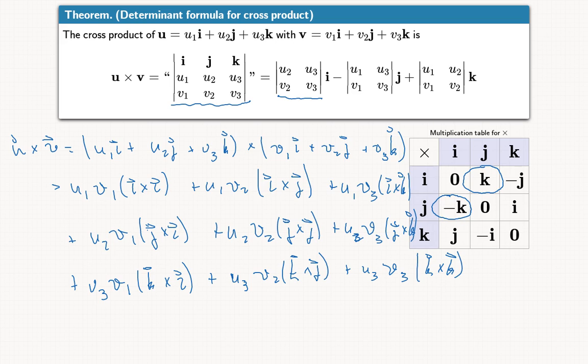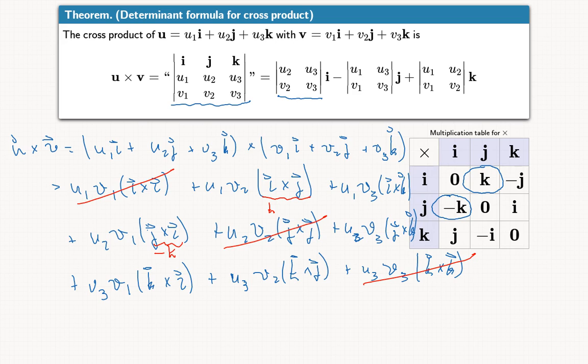But now, since any one of these crossed with itself is 0, we get a cancellation here. And then in the remaining ones, i cross j is k, j cross i is negative k.